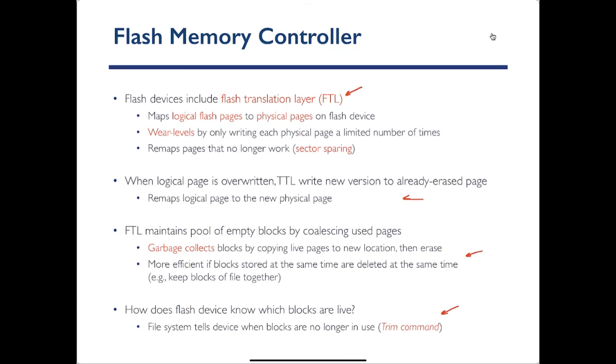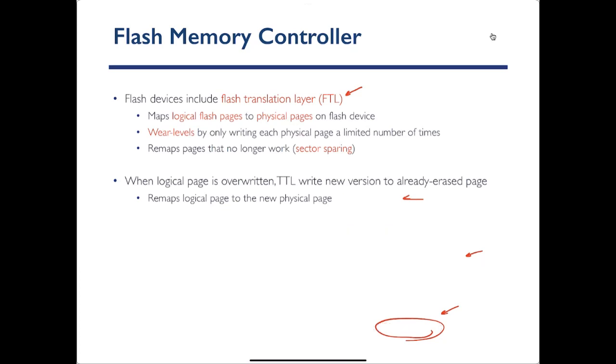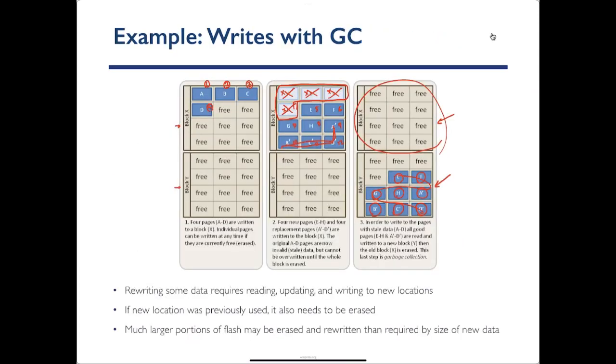So there's this trim command that the operating system can use to tell the SSD that these virtual pages are no longer needed, that this file was deleted. Now, if you want, you can garbage collect those pages. This will limit this tsunami, as we discussed, right?